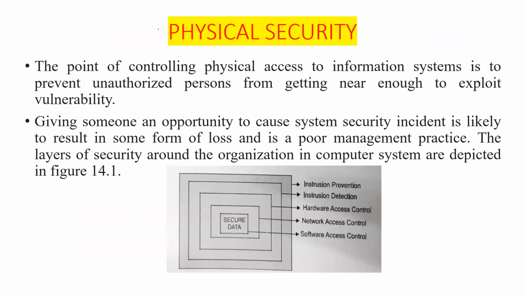Very, very important. First of all, we have to discuss in detail the physical security of the data. As all of you are working in the banking sector, there is a safe vault or cash vault.